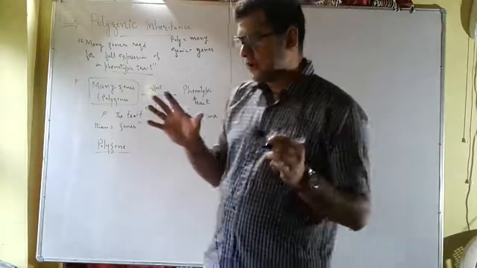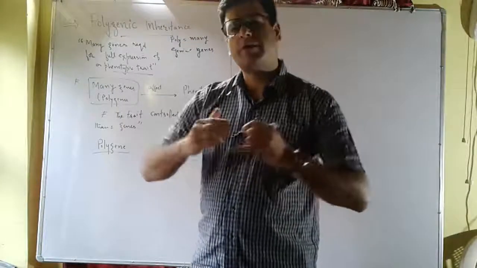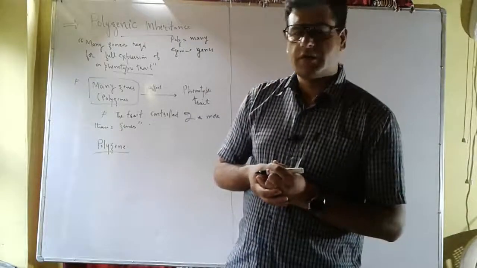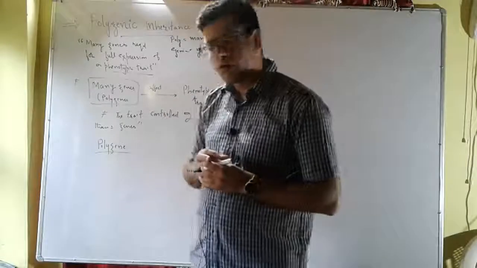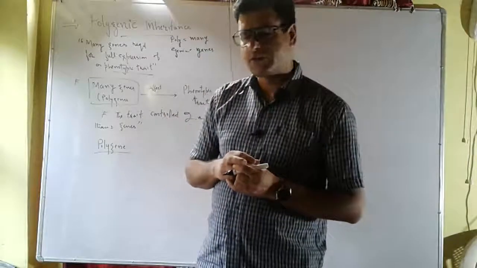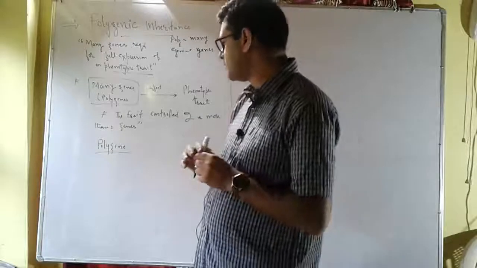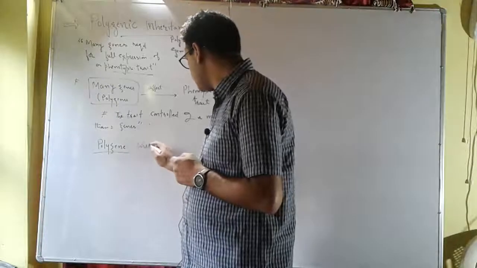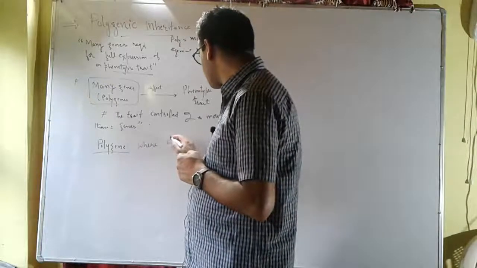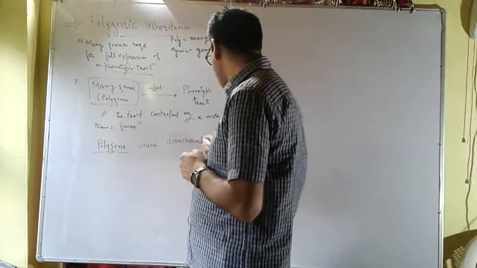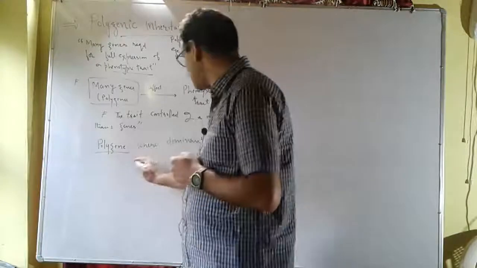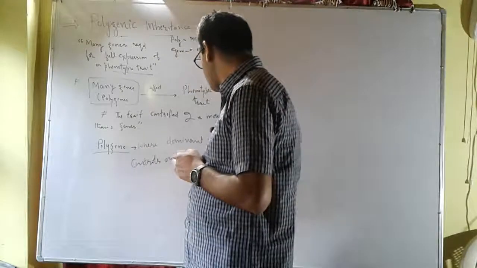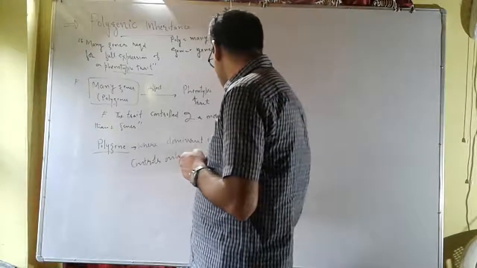That means in polygenic inheritance, we have many polygenes. The full expression of the trait requires all the dominant alleles of the polygenes. So a polygene is a gene where the dominant allele controls only a part of a trait.